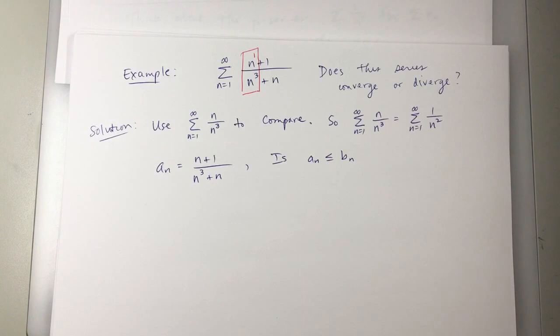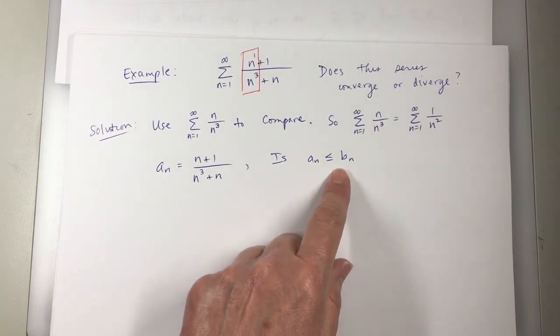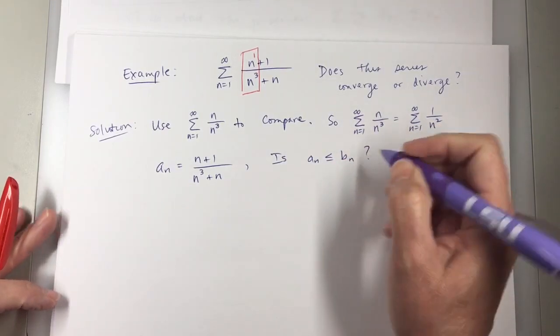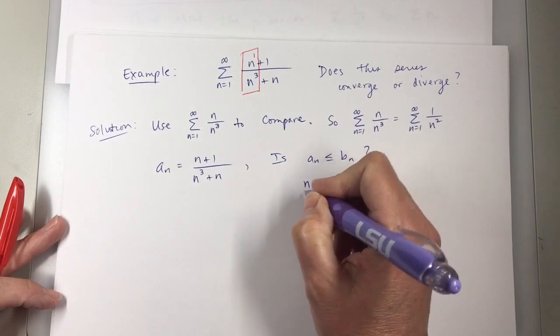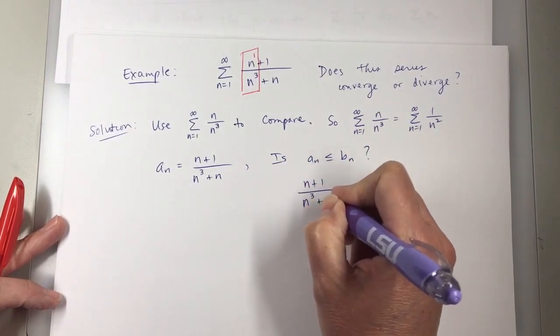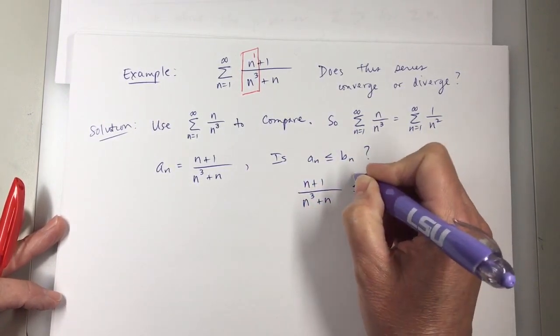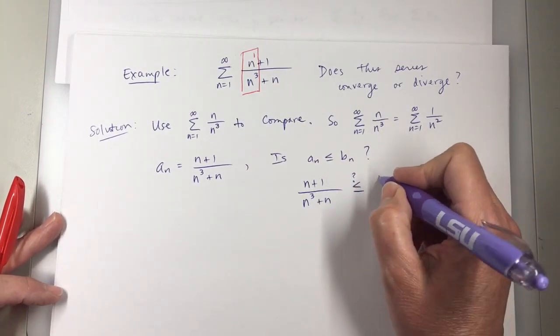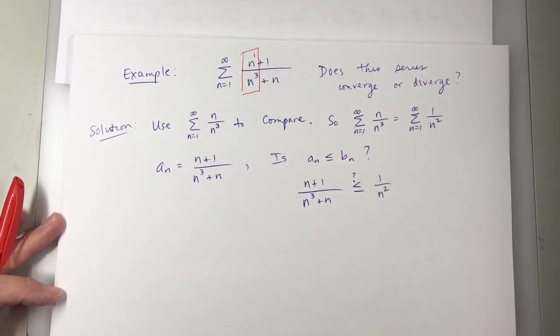Since the series b sub n converges, if I'm going to use the first of the comparison tests, I'd have to say, is this true? Now, I'm looking at this problem, and this would be n plus 1 over n cubed plus n. Is it, I'm going to put a question mark there, less than or equal to 1 over n squared?